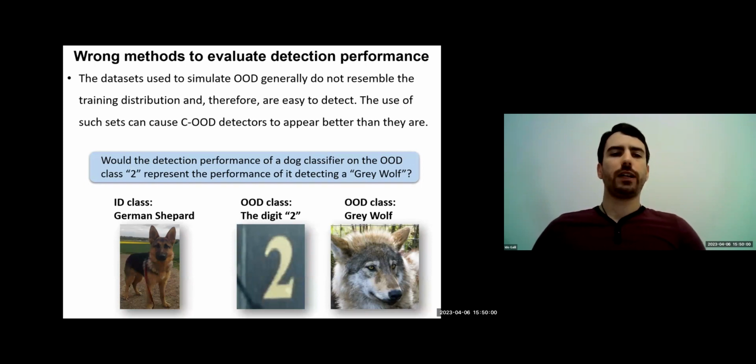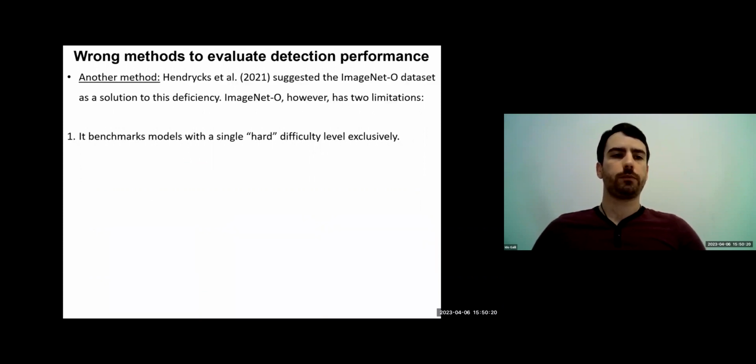We would like to evaluate its ability to detect OOD classes that might include similar classes, such as wolves. It wouldn't make sense, then, to assume the OOD detection performance on images of numbers could also represent the classifier's performance when detecting wolves as OOD.